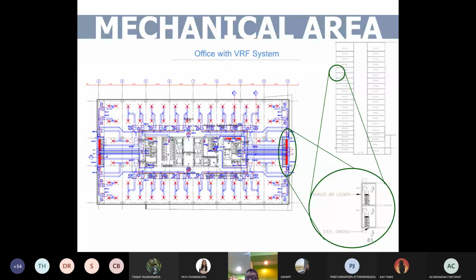So the tonnage will be around 100 tons, I think, for 100 rooms or 80 rooms or something like that. The price is a little bit higher than the inverter, but the inverter is very cheap now in Thailand, you can buy any.